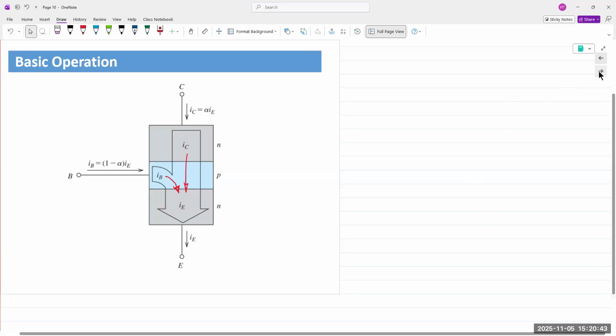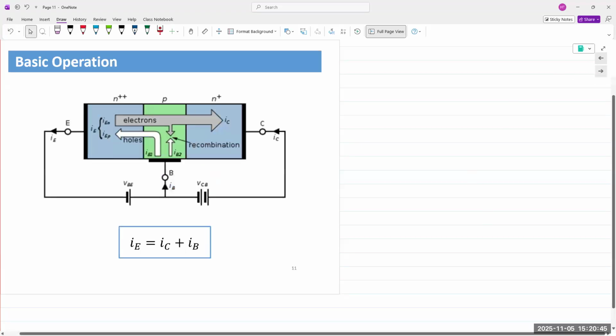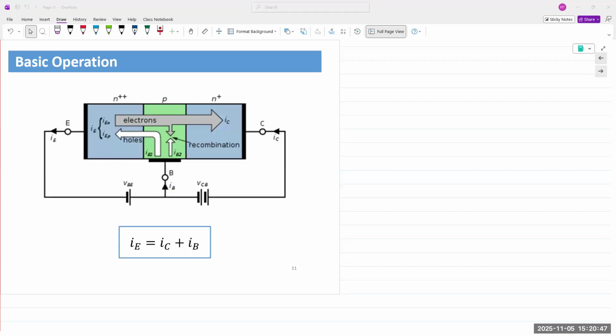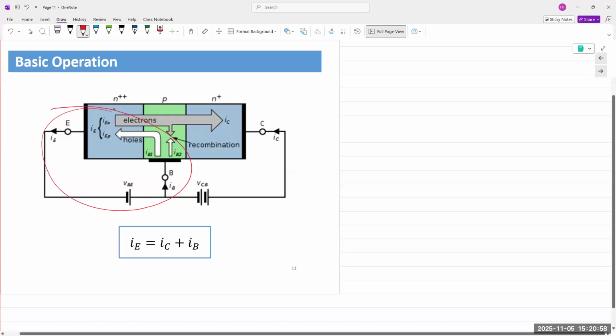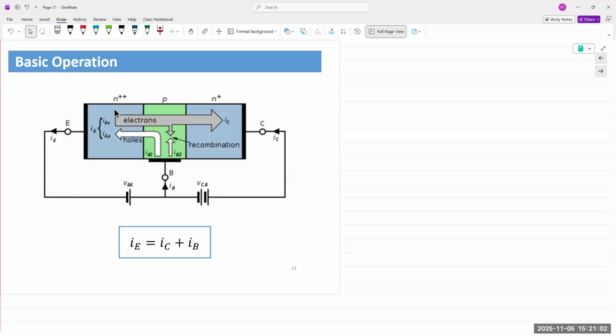All right. So now let's look at that operation again. We have an NPN transistor. In the NPN transistor, we are biasing the emitter and base junction in forward bias. Again, this is NPN.